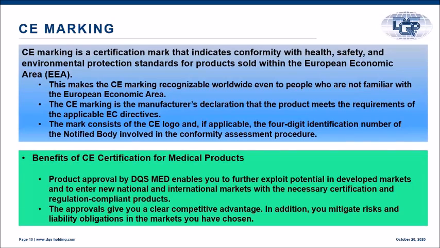CE marking, specifically when it comes to medical, you would have seen a CE mark without a number and a CE mark with a number. The difference is that depending on the product risk categorization, the assessment methods are different.